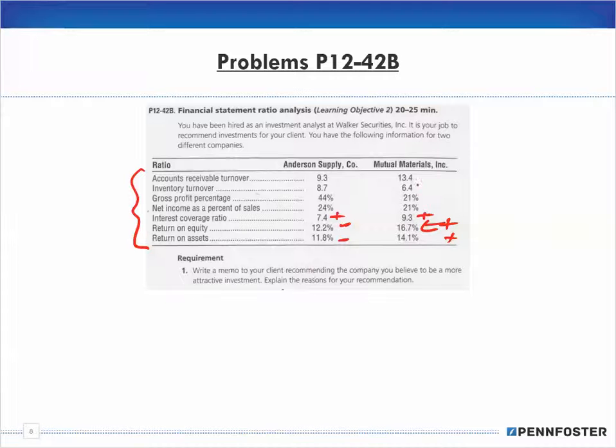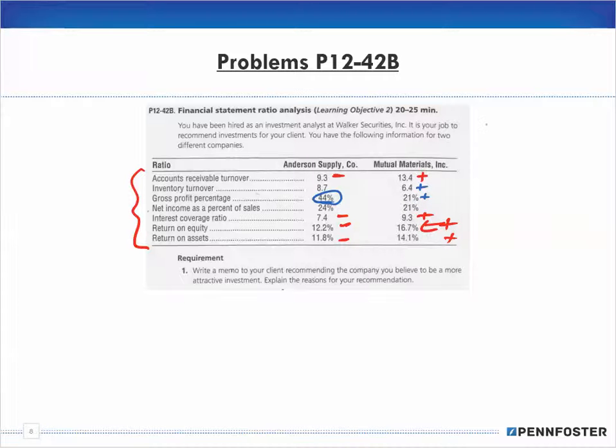And they're able to do that because their accounts receivable turnover is better than Anderson, meaning they're able to collect the cash better than Anderson. But on the downside, it doesn't turn over its inventory as quickly, meaning it's making less sales, and its gross profit percentage is not earning as much gross profit, almost half as much.